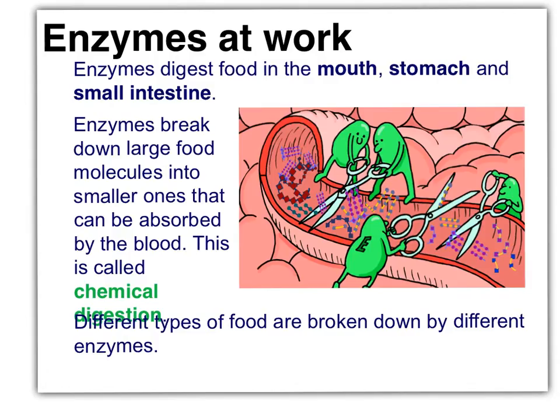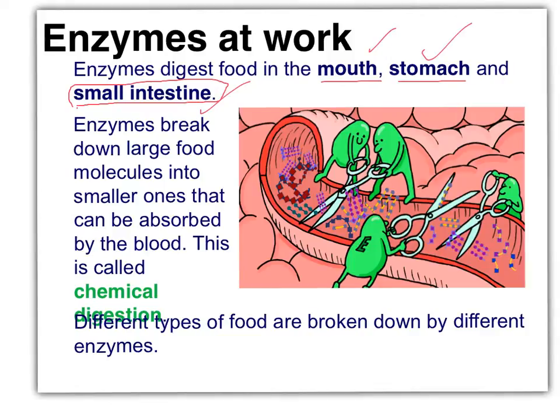Now, enzymes are produced in the mouth, the stomach, and the small intestine. Okay? And most of the enzymes are secreted by the pancreas, but they work in these areas. Okay?